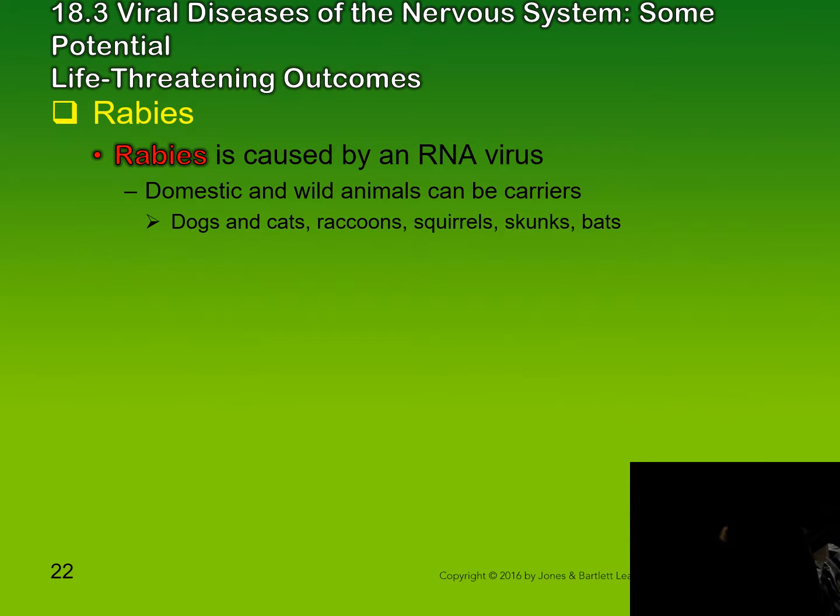Dogs and cats are not that big of a problem in this country, but certainly raccoons, squirrels, skunks, and bats are highly infected. When an animal gets rabies, it can be fatal to the animal, and that includes humans.